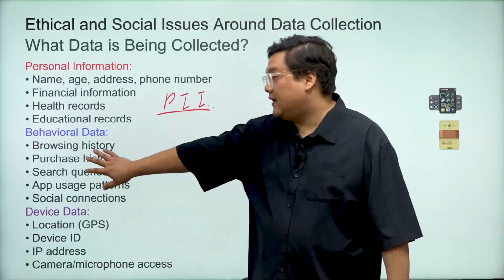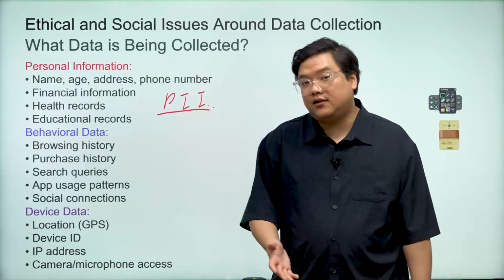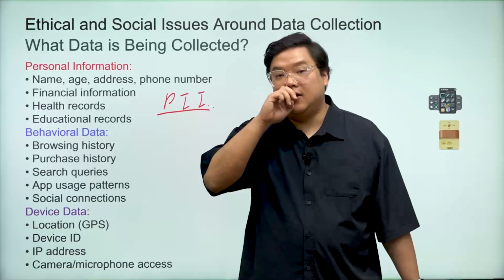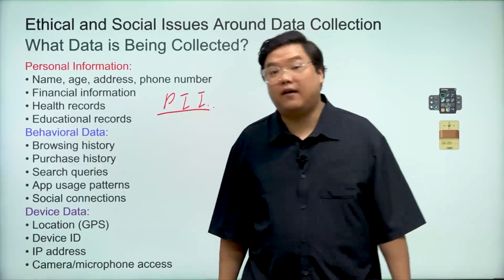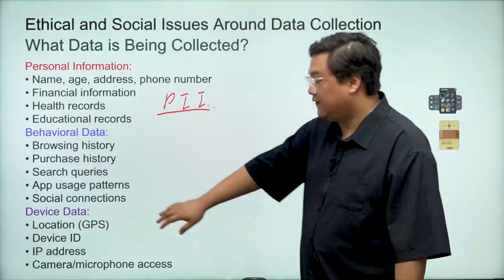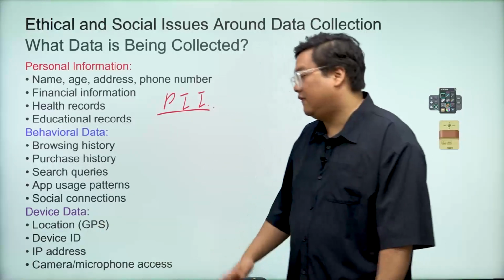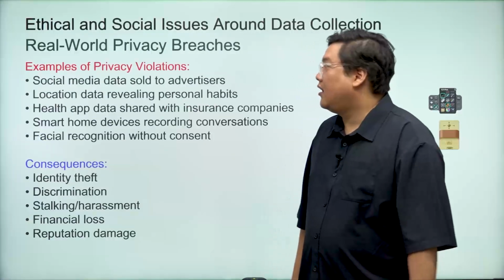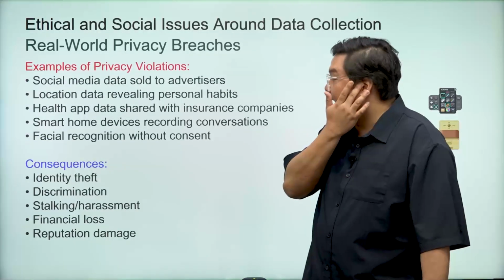But again, these can also be used against you, for companies to exploit your behaviors to maximize their profits, right? The device data will be location, device, IP address, camera, those things. All right, so real-world privacy breaches.